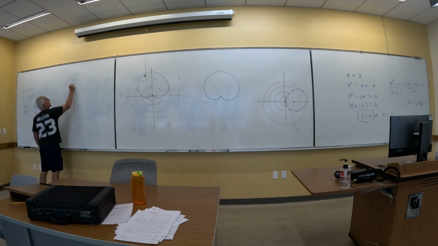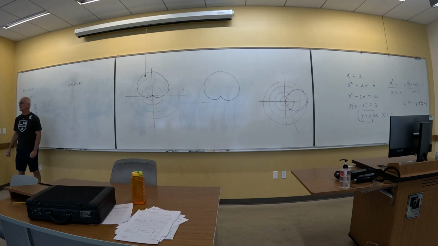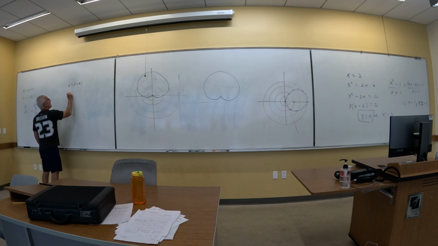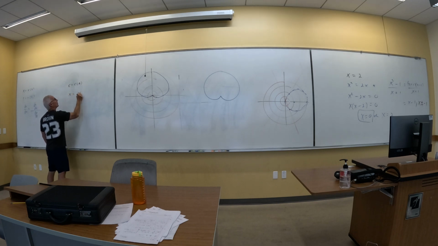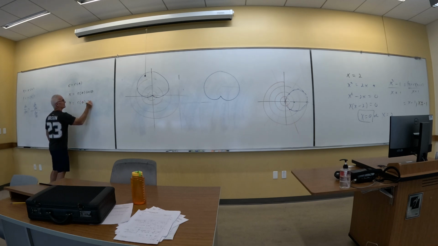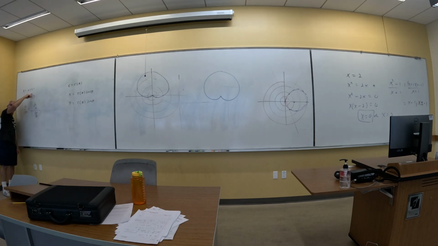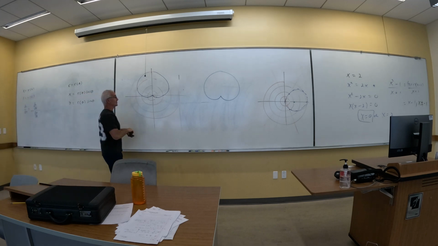So if I said r equals actually r of theta, okay? Now I'm going to define x to be r of theta cos theta. And y is going to be r of theta sine theta. So in a sense, I'm now treating theta like I did with the t, meaning x and y are now basically functions of theta. Okay? So let's find those derivatives.